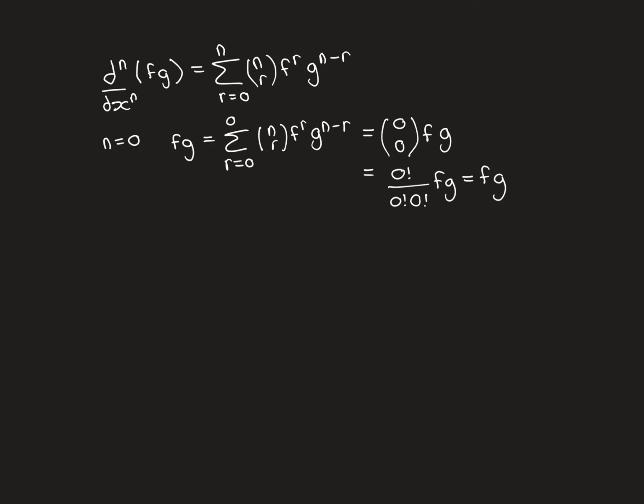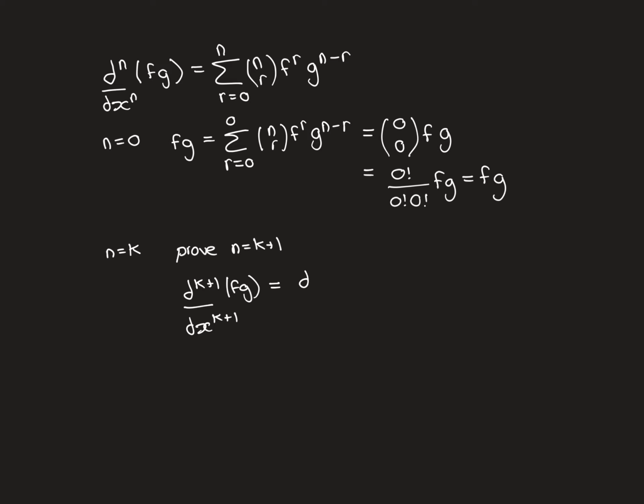So next step of the proof is to assume that it's true for n is equal to k, and we want to prove that it's true for n is equal to k plus 1. So to differentiate then the product k plus 1 times, what we can do is that we know that the formula is true for n is equal to k, so we can just put in the formula for the derivative k times and then just differentiate that again.